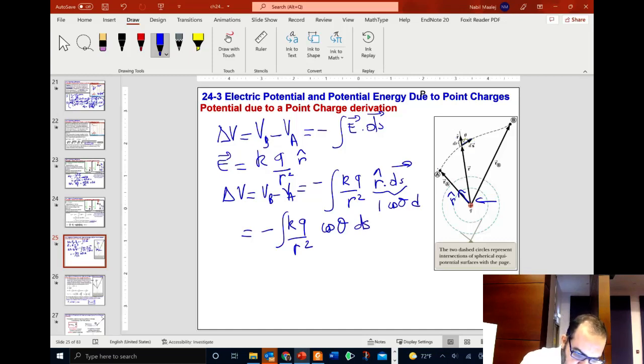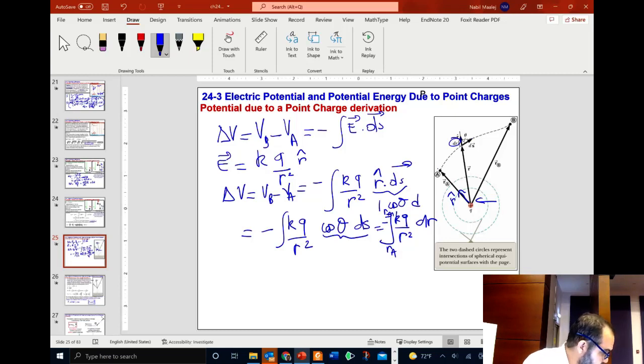What is cosine theta ds? Notice this is ds, this is r. You can see that the element dr is actually equal to ds cosine theta. So this is minus kQ divided by r squared dr, and we're taking this from r_A to r_B. What's the integral of 1 over r squared?